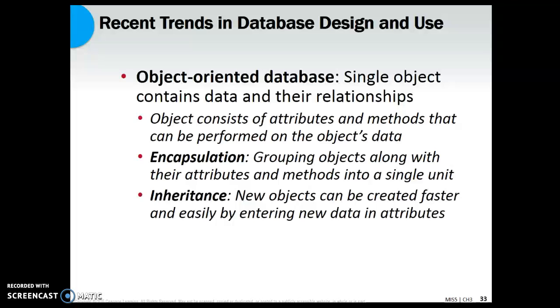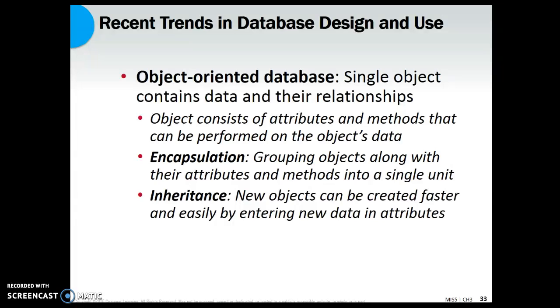There's also object-oriented databases. A single object contains data and their relationships. So that single piece of data, or that single object, contains both the data and the relationship. It consists of attributes and methods that can be performed on an object's data.